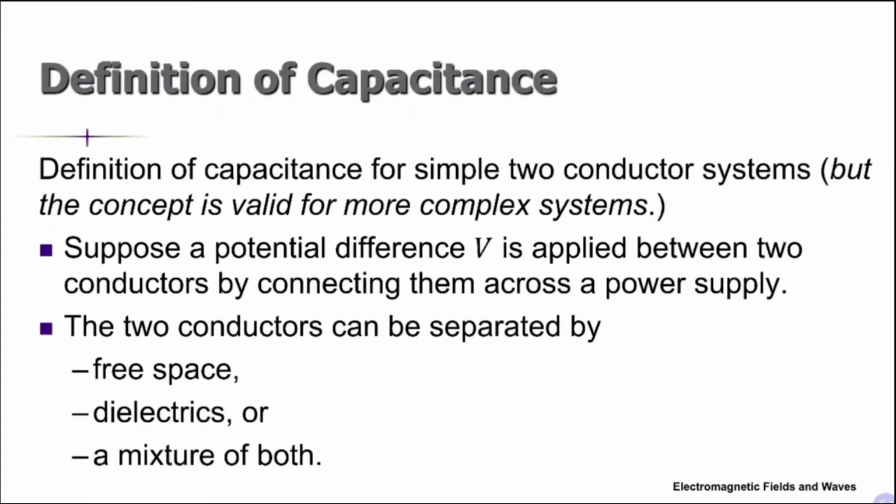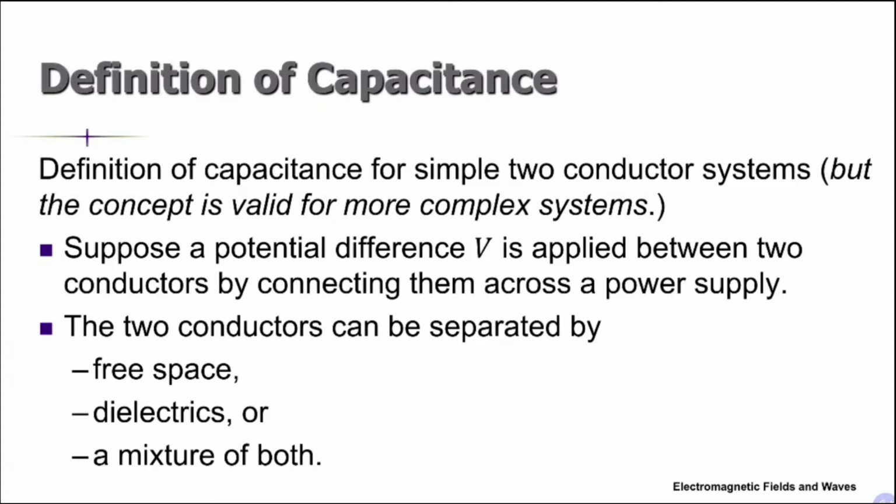Definition of capacitance. So for two-conductor systems, but not limited to just simple two conductors, it can be applied to more complex systems as well. So this is how we define it.